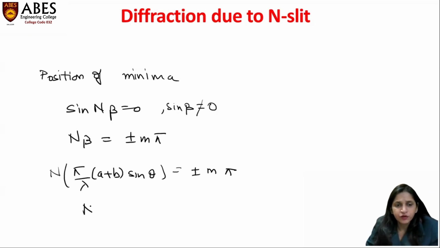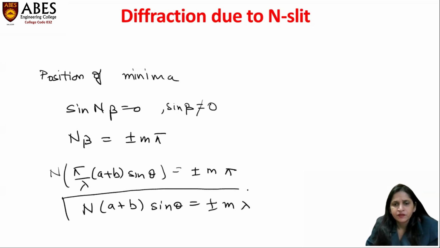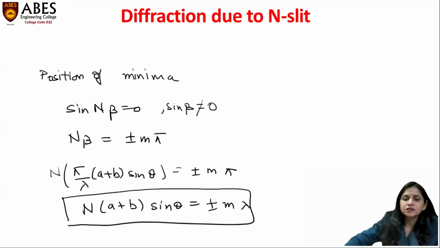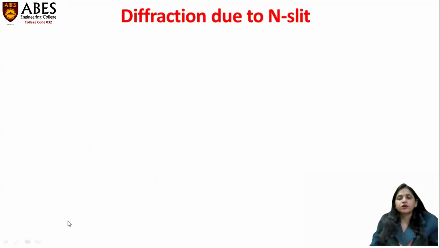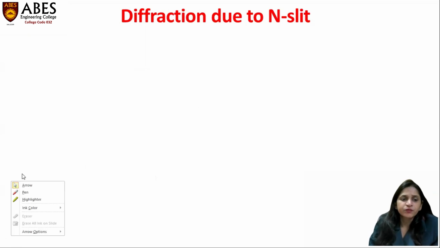So from here we can easily see the direction of minima: N (a plus b) sine theta is equal to plus minus m lambda. This is the direction of minima.